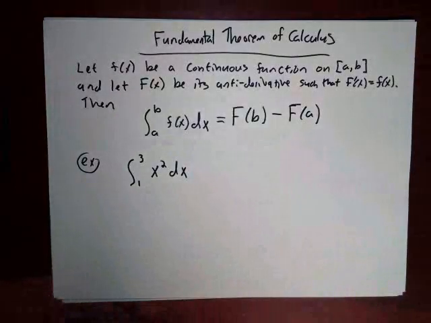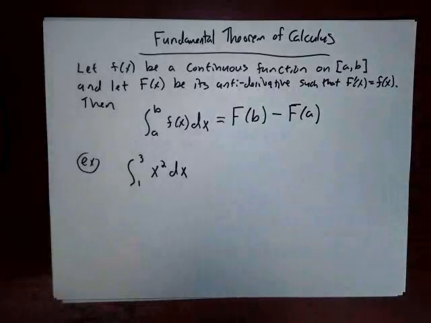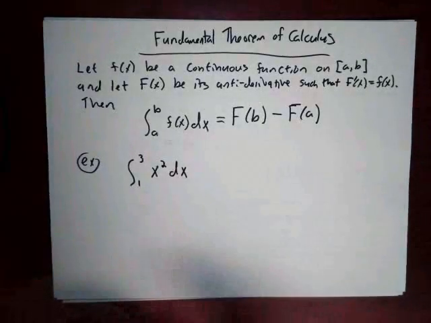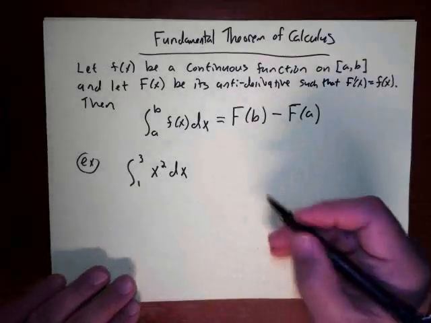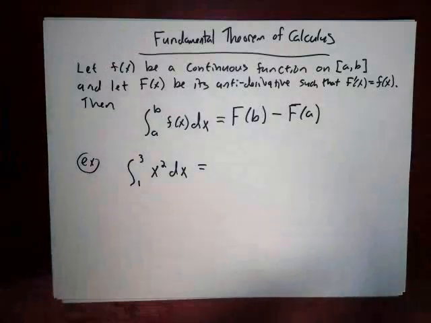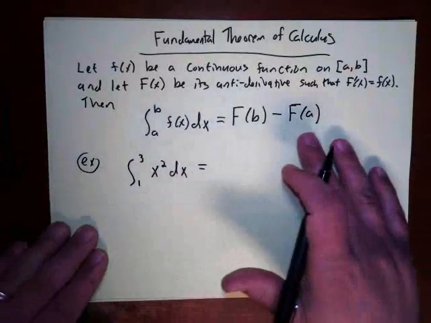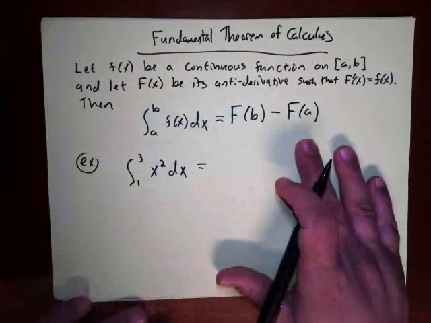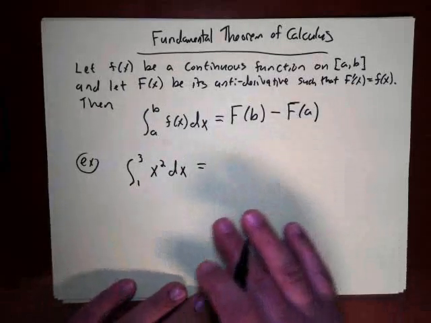If you remember, it was 8 2/3, and we actually used the infinite sums and got the exact value. I'm now going to use the fundamental theorem and get the exact value.